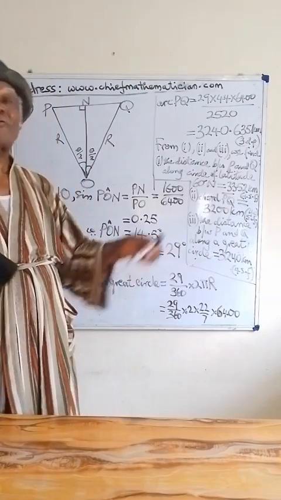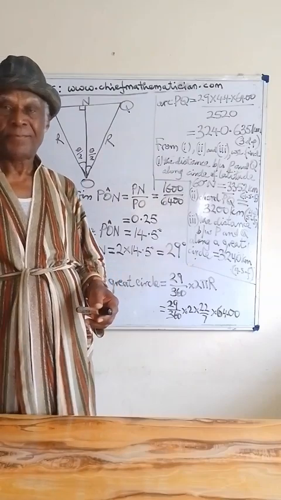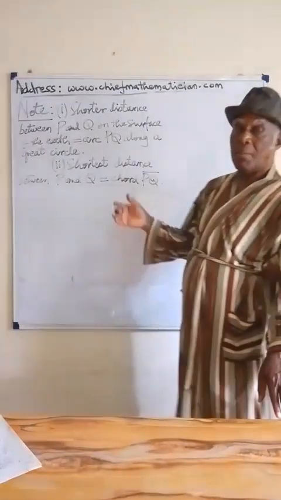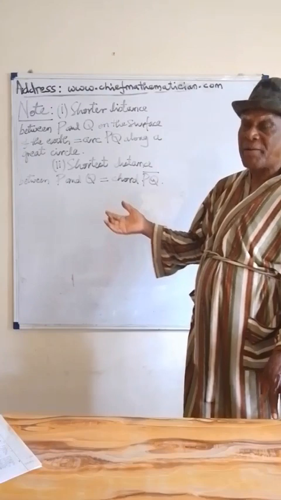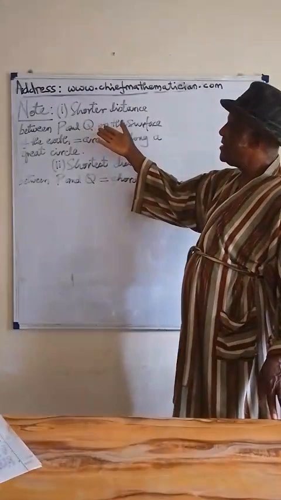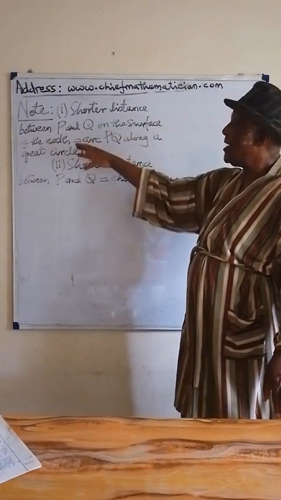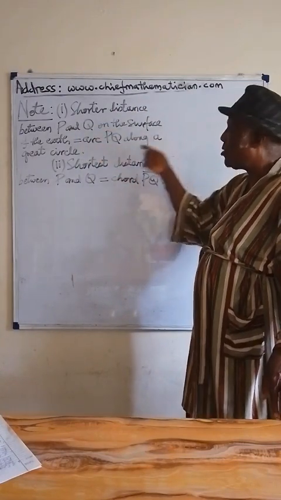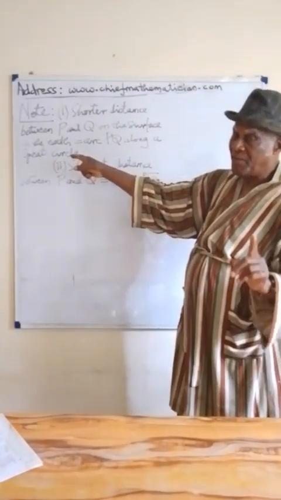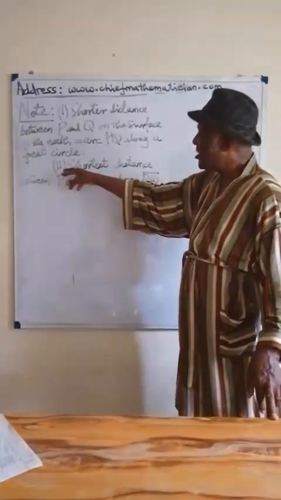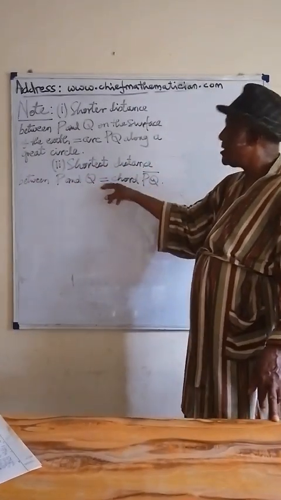I still have something to add to this. By way of summary, you can see that the shorter distance between P and Q on the surface of the Earth is equal to the arc PQ along a great circle. Very important. Whereas the shortest distance between P and Q is equal to the chord PQ.